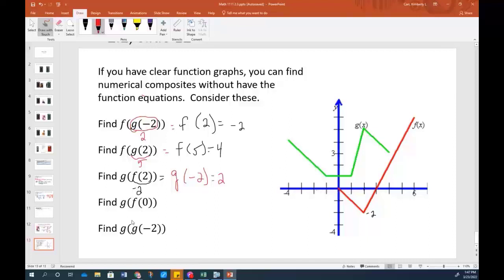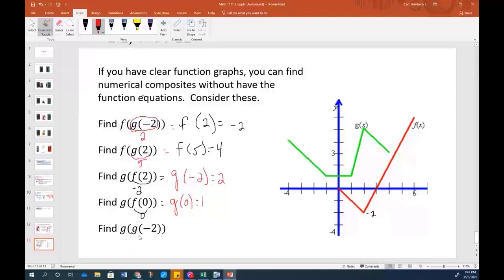All right. What is f of 0? F of 0 is 0. So now we want to find g of 0. So if you use 0 and then you go to the g graph, we get 1.